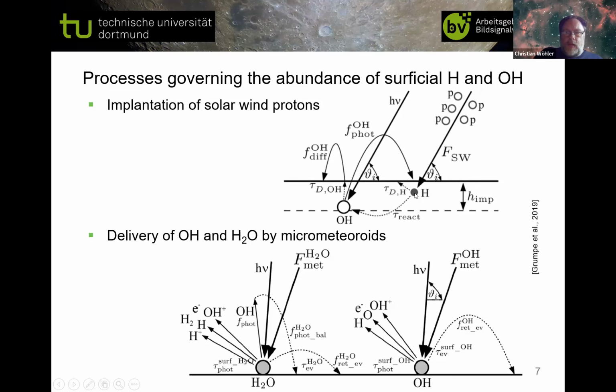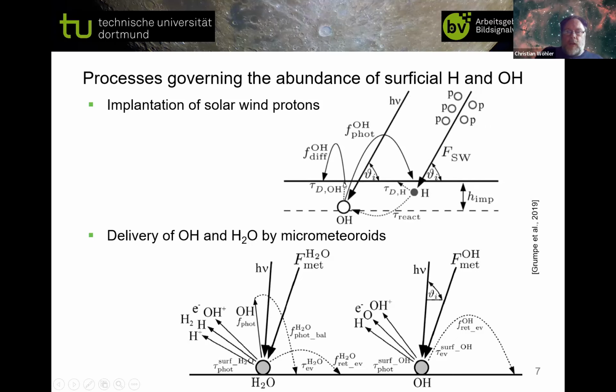The H can react with O to OH with a certain probability. For that purpose, of course, free oxygen must be available, which can be set free also by ultraviolet radiation of the sun, for example.